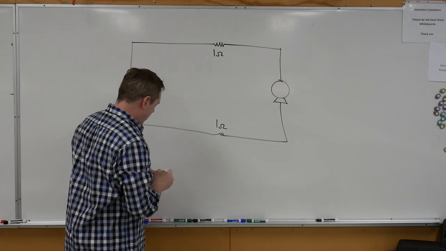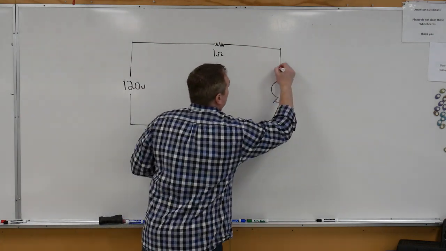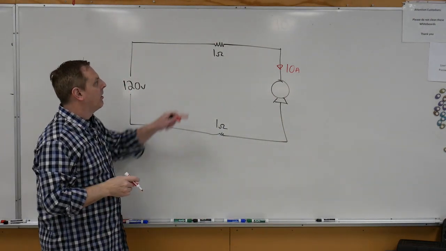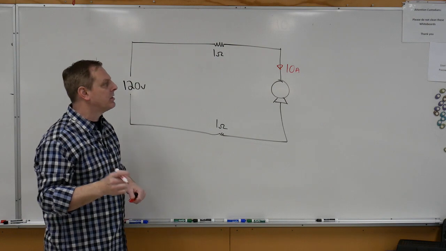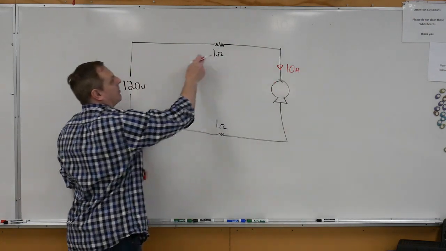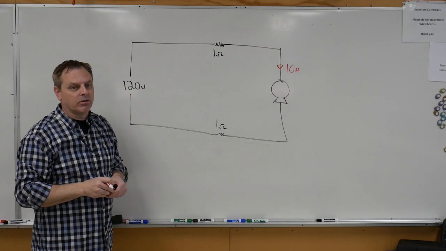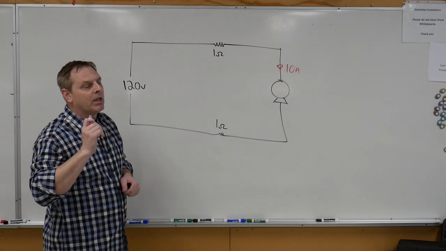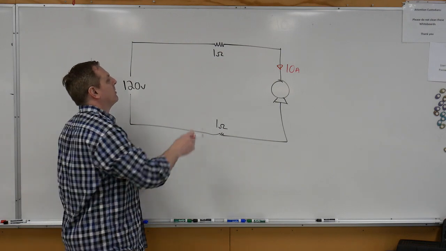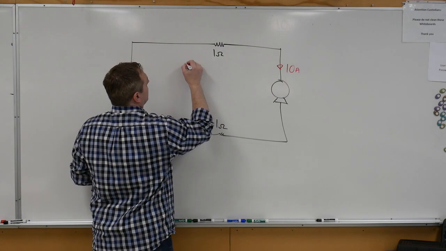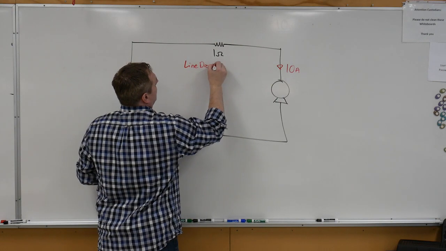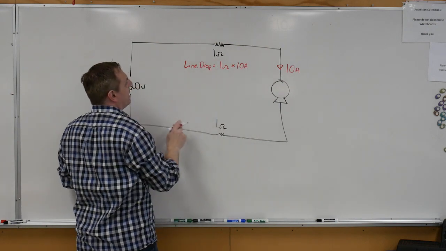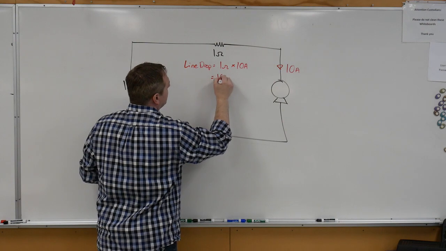Now, if I told you that this load, when running, drew 10 amps, our line drop is going to be based on the current flowing in the circuit multiplied by the resistance of those line conductors. Line drop is measured in volts, so E is equal to I times R. So E, or our line drop, is equal to our 1 ohm times our 10 amps, to give me a line drop in this case of something huge, 10 volts.